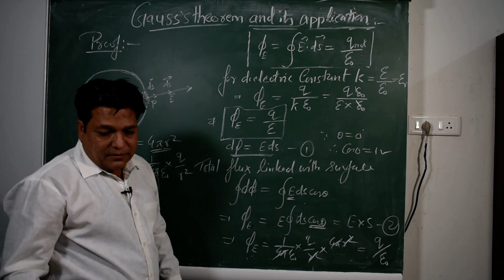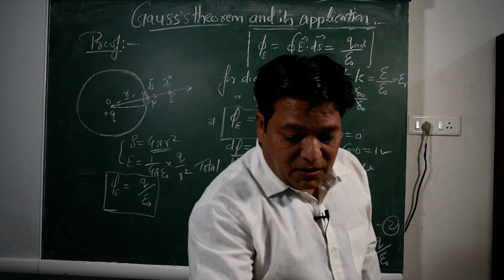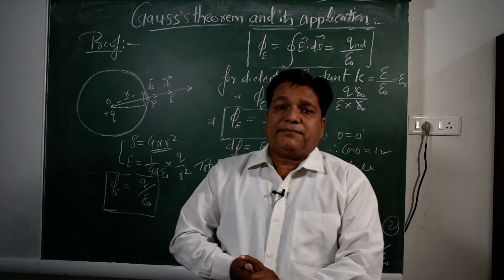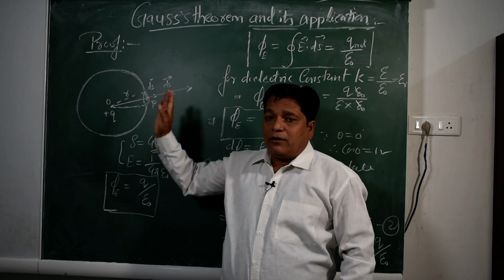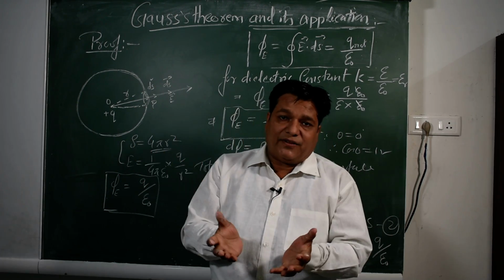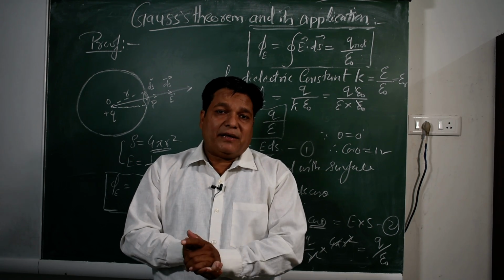Gauss law is applicable. What are the limitations for the Gauss law? Limitation number 1: Gauss law is applicable only for a closed surface. When a surface is closed, then it will be applicable.